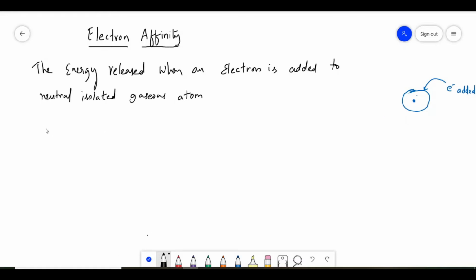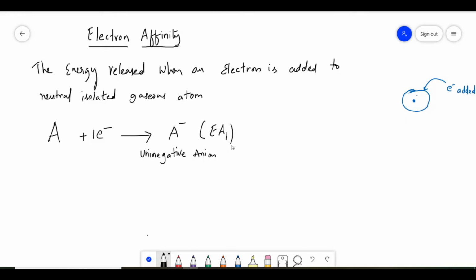Suppose we take some atom A, and into this I am adding one electron, then only this is electron affinity. Whenever you add an electron, we get a negative charge, that is A minus. So, this is an anion, a uninegative anion, and this is called electron affinity 1.